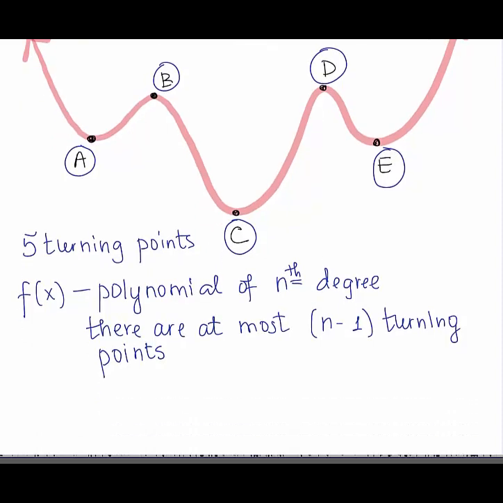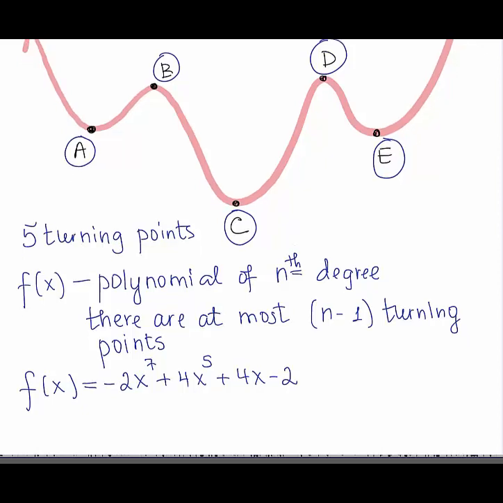So let's say I have a polynomial, here's a quick example, of 7th degree. Something like negative 2x to the 7 plus 4x to the 5, and then 4x minus 2. Just a quick example of a polynomial of degree 7. What can I say about the number of turning points?